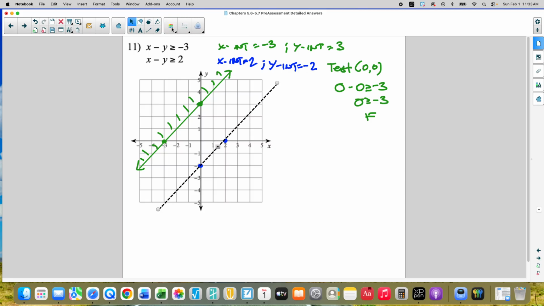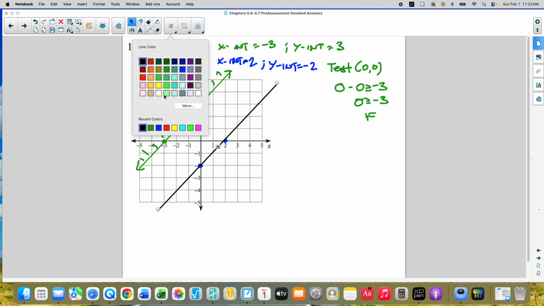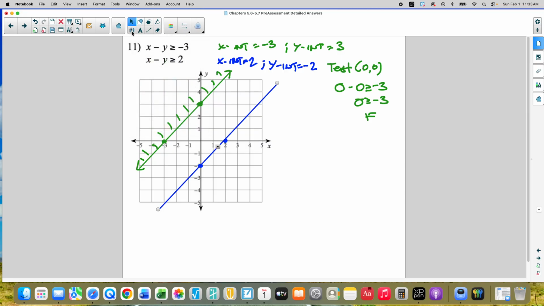Also blue. So this will be interesting. Let's test the point. 0, 0: is 0 minus 0 greater than or equal to 2? 0 is not greater than or equal to 2. That's also false. So we'll shade away.